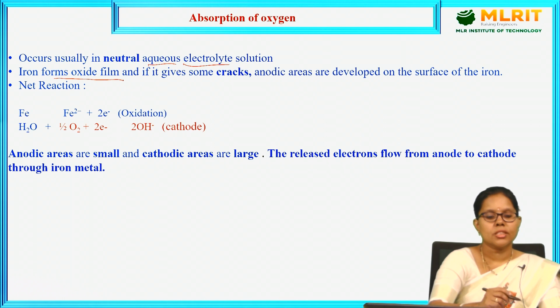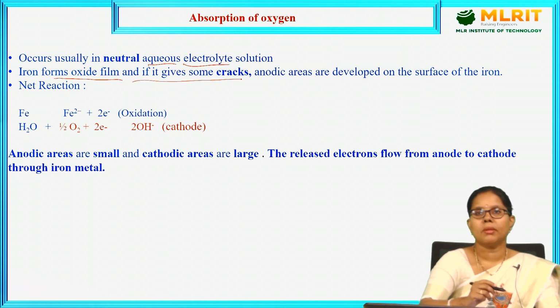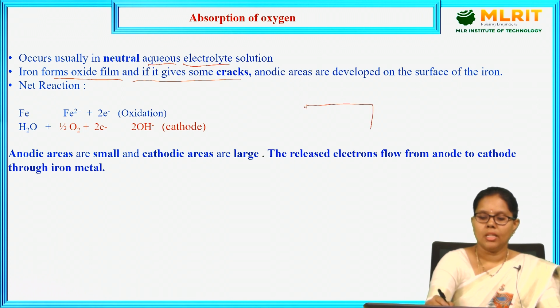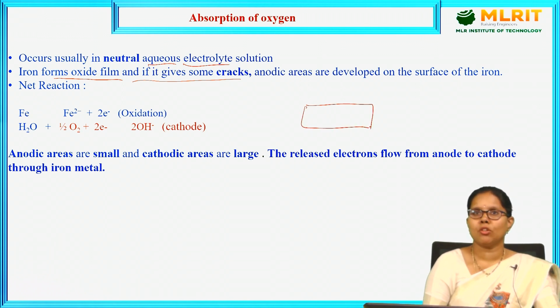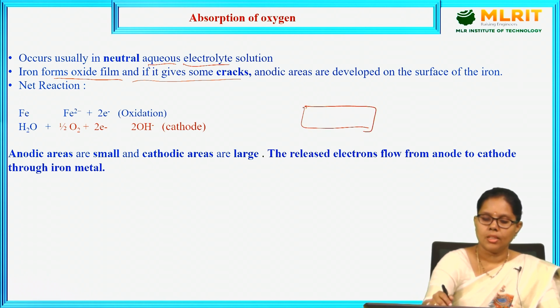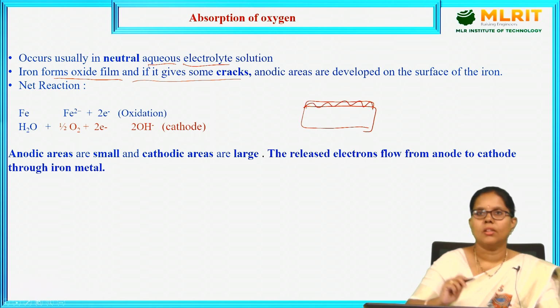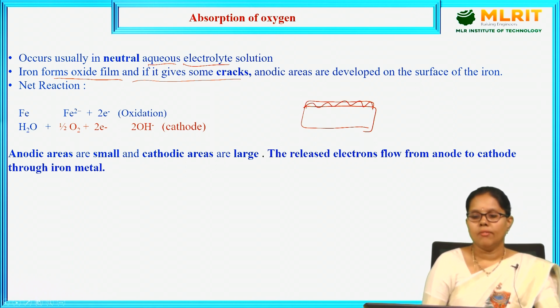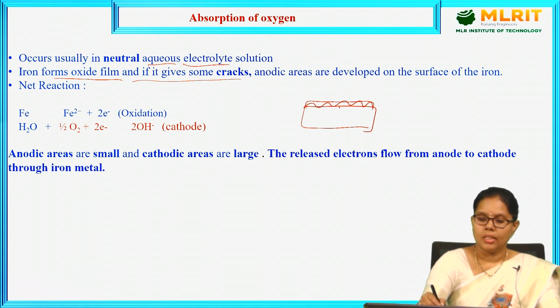Iron forms an oxide film, and it may develop some cracks. Let us take an iron metal. In the presence of atmospheric oxygen, it forms an oxide layer. This is the iron metal with an oxide layer, and this is a place where there is a small crack.